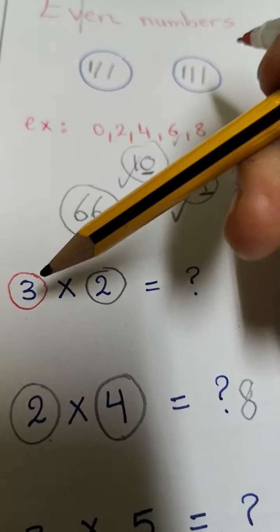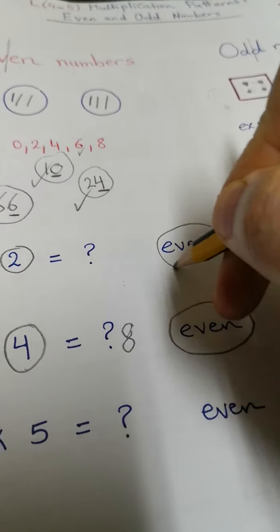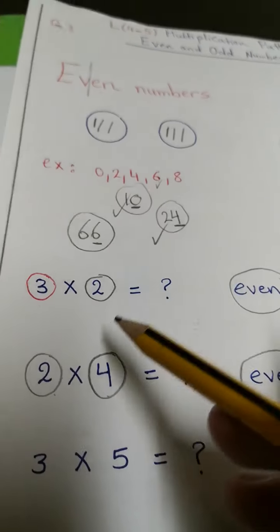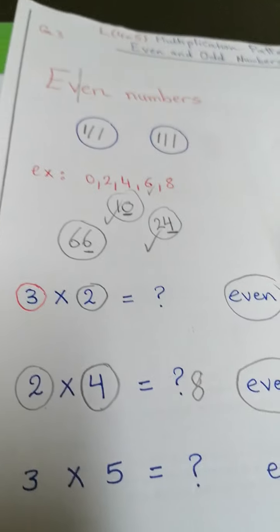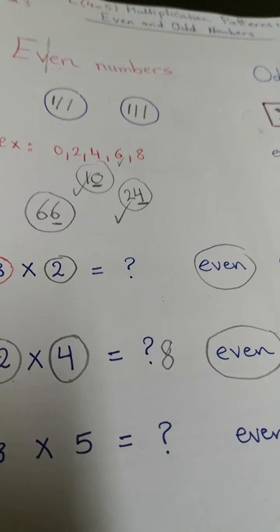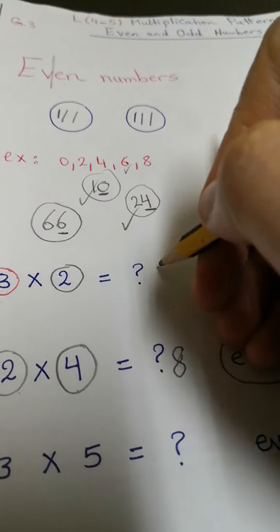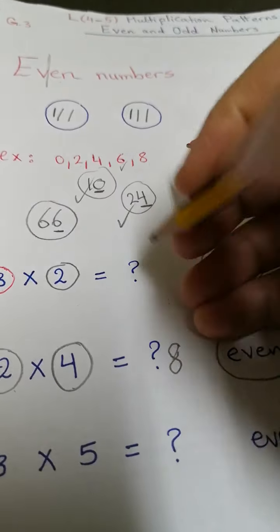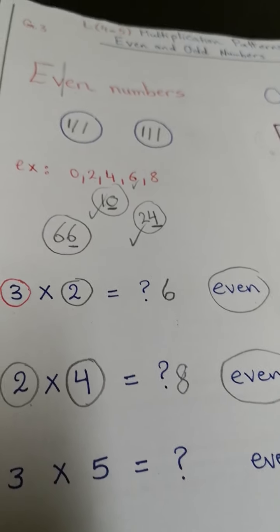If you have an odd number multiply an even number, you also have an even product. So even multiply even equals even. Even multiply odd equals even also. Check your answer. 3 multiply 2 equals 6. Very good. And of course 6 is an even number.